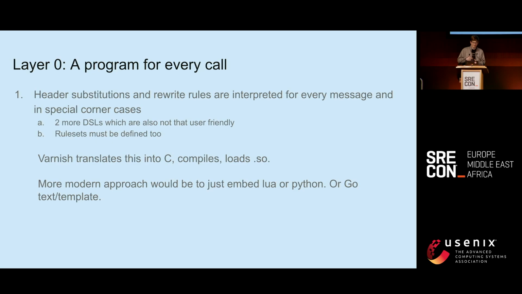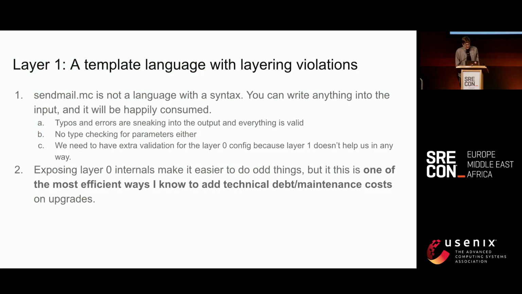It translates the config into C, compiles it, then makes a shared object, loads it, and then executes it on every request. That's wonderful. In the modern approach, you'll just use Lua or Python or Go text template to process that. So it's a template, so okay, now go to layer 1.